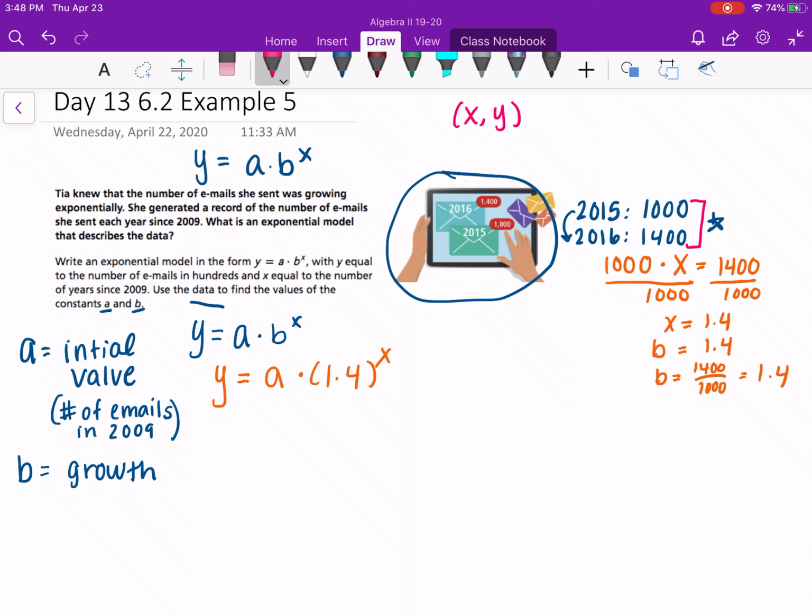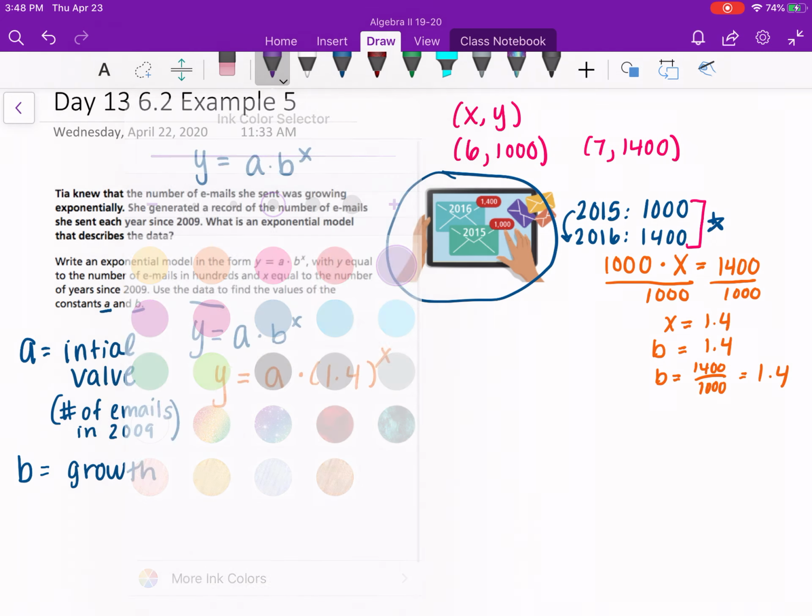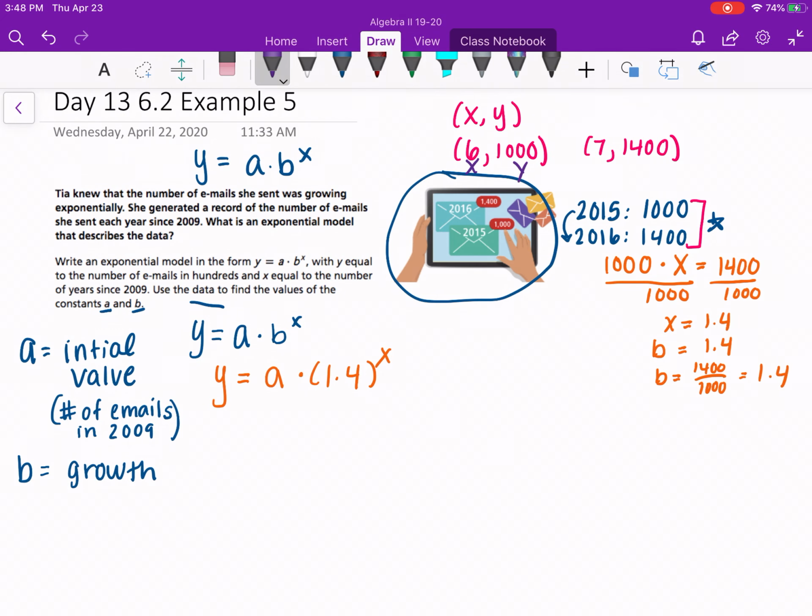So 2015 is 6 years since 2009, and she gets 1,000 emails. 2016 is 7 years since 2009, and she gets 1,400 emails. So I just came up with 2 different x-y pairs. Now I have something to plug in for x and something to plug in for y. That way a is my only variable.